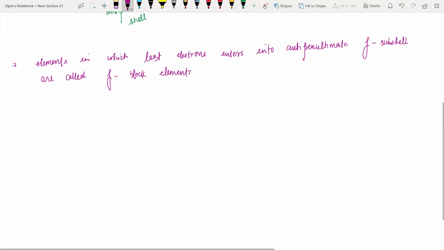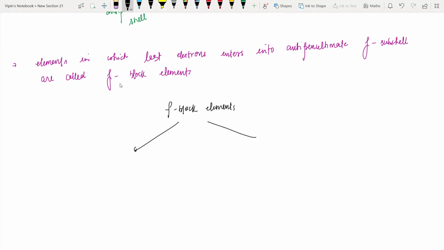Now the f block elements have been divided into two categories, right? Here, f block elements have two groups. One is the 4f series, that ranges from cerium to lutetium, right? 58 to 71.